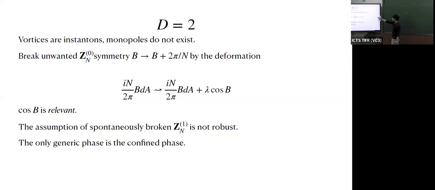But if all you have is the Zn one-form center symmetry, then you generically expect such perturbations that will restore the Zn one-form symmetry. There are, of course, models where you have a deconfining theory in 2 dimensions, but it always involves some other symmetry or some mixed anomaly.